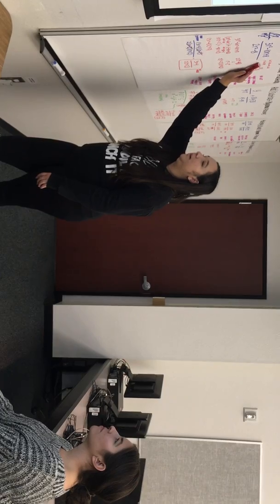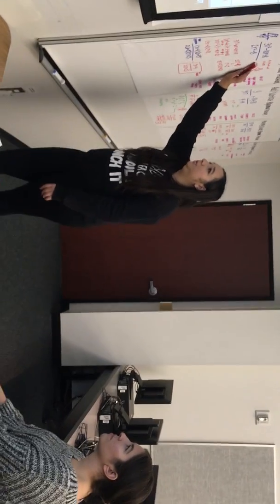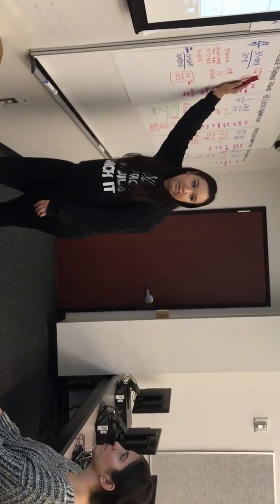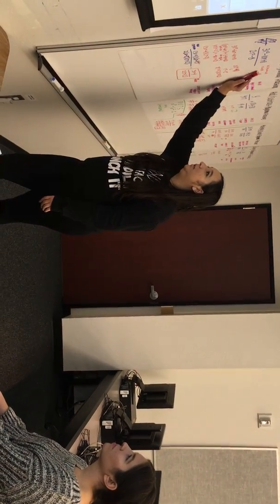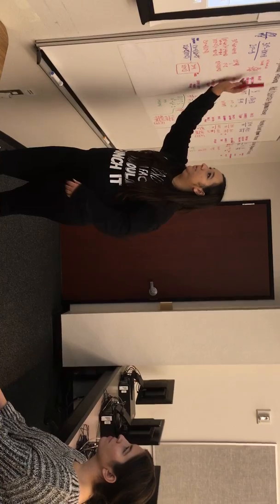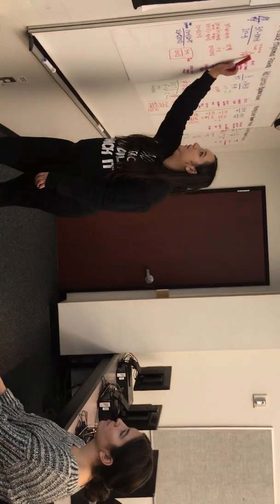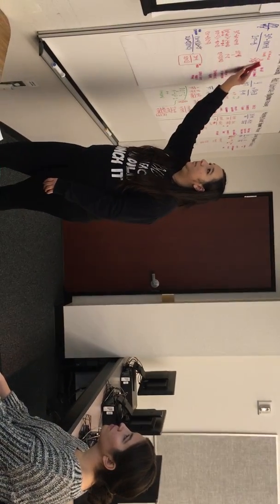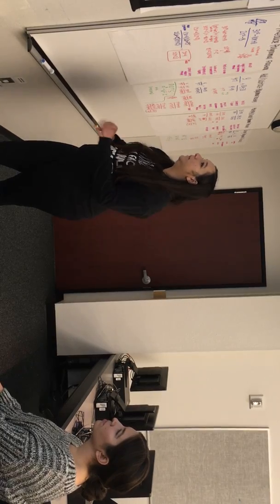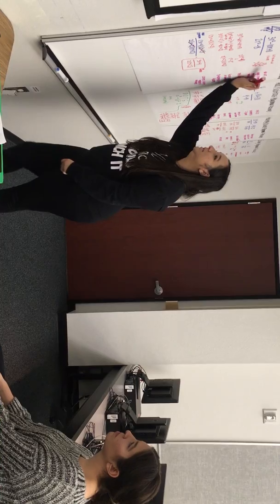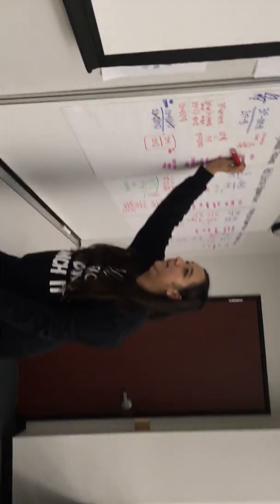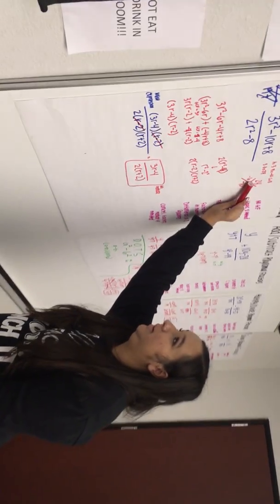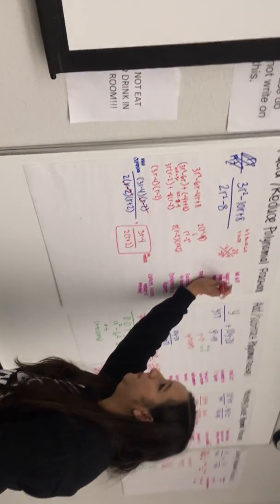So what they mean by AC grouping is you're multiplying the A and the C together. So 3 times 8 is 24. And then you want to factor using the magic X method. So you're going to take the 24, and then you're going to take the negative 10. So then you have to find two numbers that multiply to 24 and add to negative 10, which are negative 6 and negative 4.